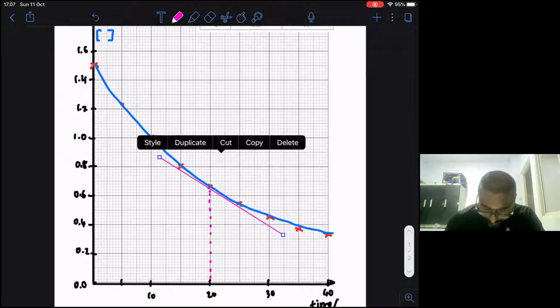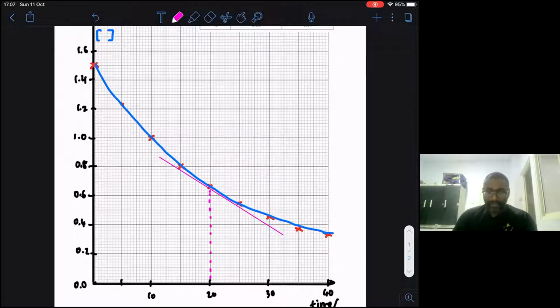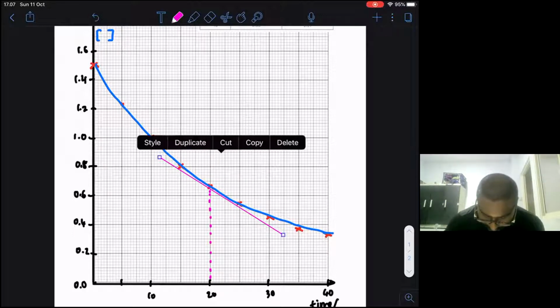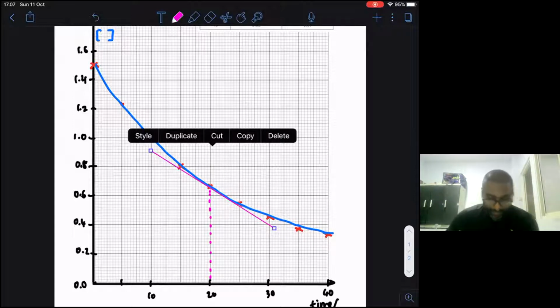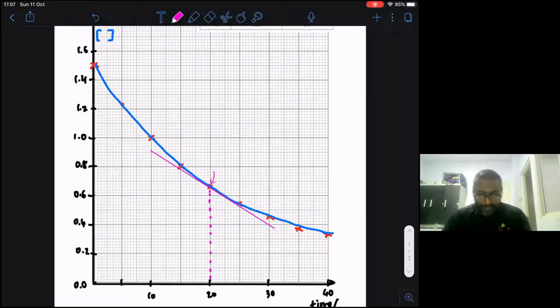Roughly, if I adjust a bit, it is touching at that point. So this line can be used to identify the gradient.